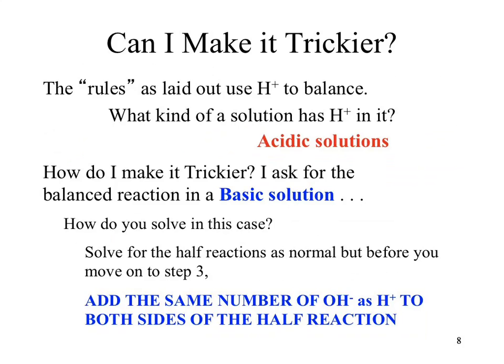And then to make it basic, I need to get rid of the acid. How do we get rid of acid? You add base. So what we'll do is add enough base to both sides of the reaction, because if we add it to one side, we have to add it to the other to cancel out the H+. What happens when H+ reacts with OH-?